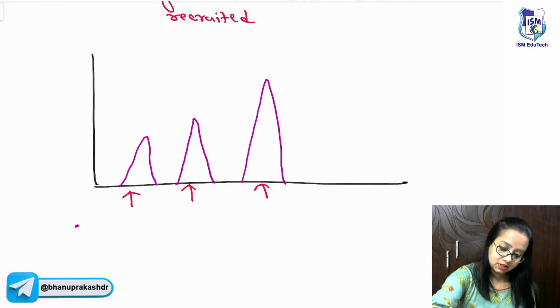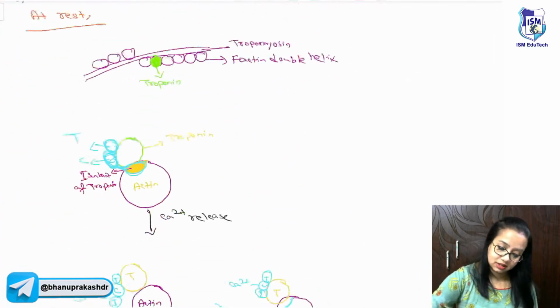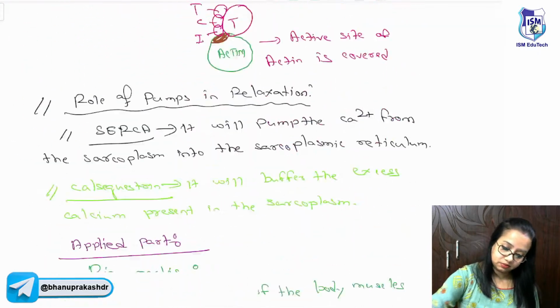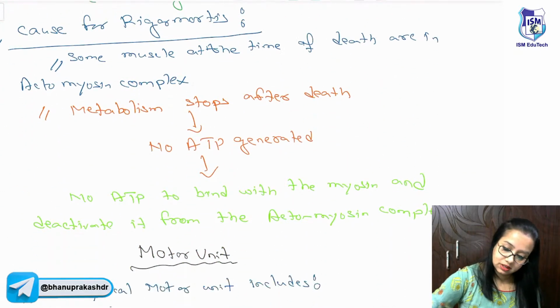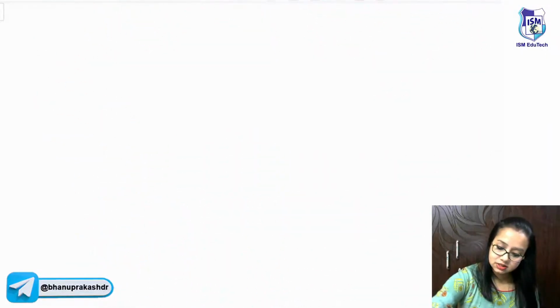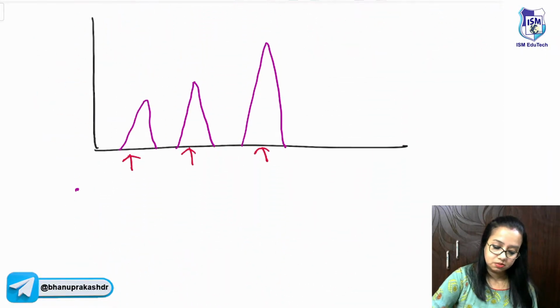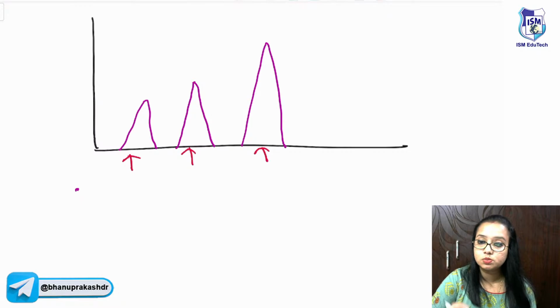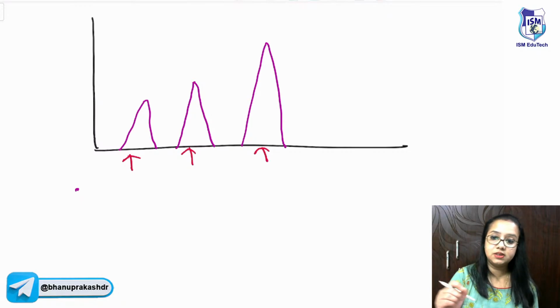The recruitment means, suppose when there is a stimulus, a certain number of motor units, like the smaller motor unit, the nerve fiber which is innervating less number of muscle fibers, they get recruited. Upon increasing the stimulus, more muscle fibers get recruited and they show more contraction.